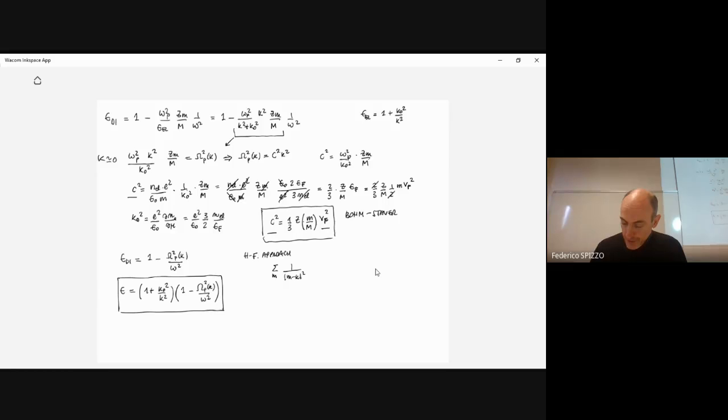And if you notice here, in the Fourier transform of the Coulomb potential, we use M minus K, that is the difference between the wave vectors of the electrons that are interacting.